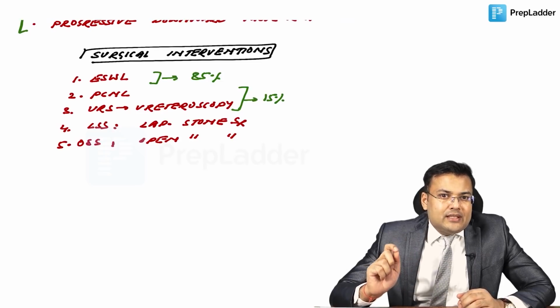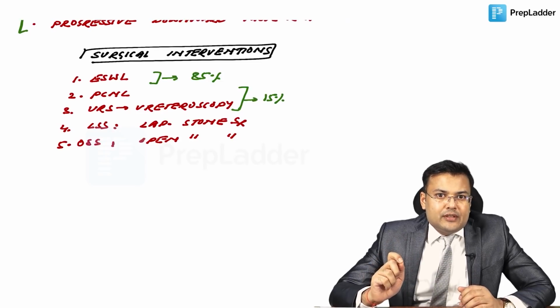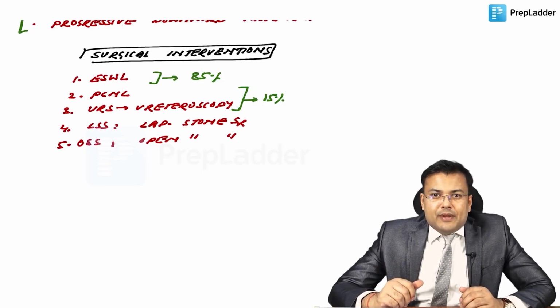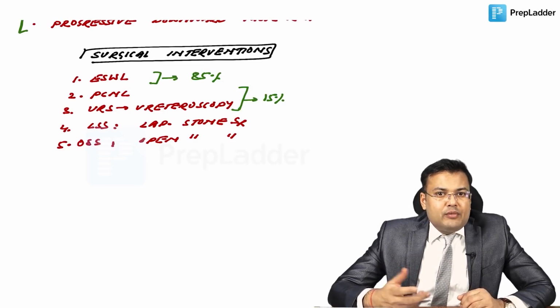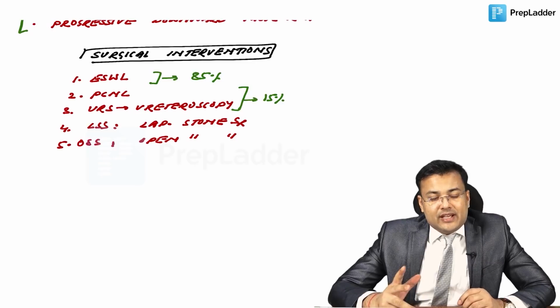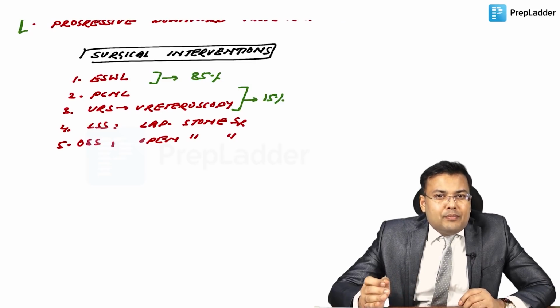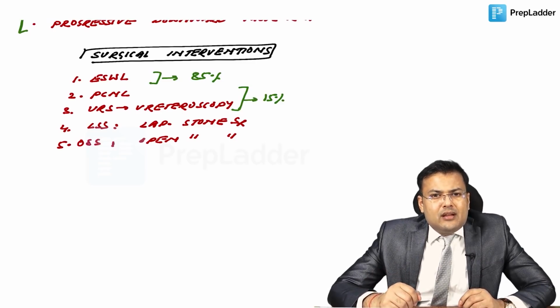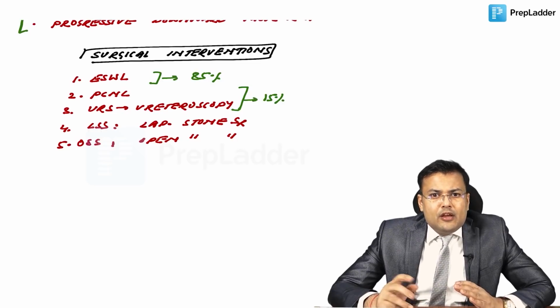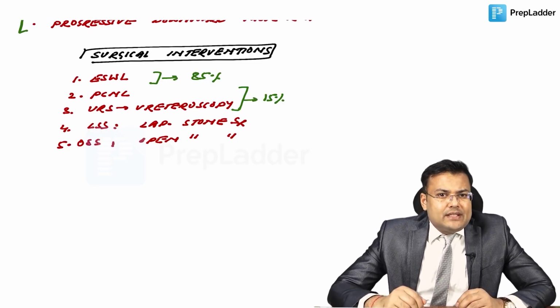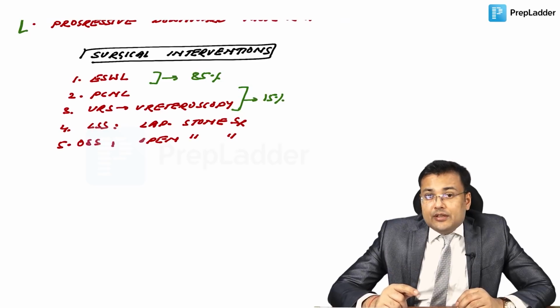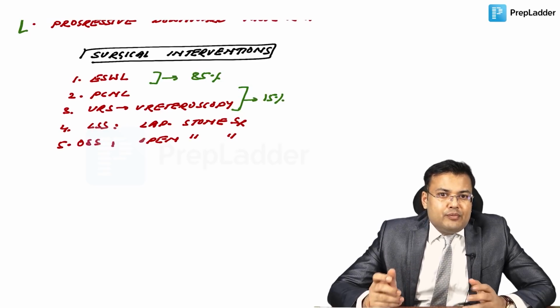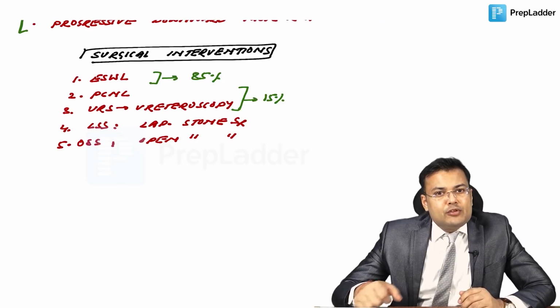On DTPA scan, if the function is less than 10%, in that case we have to perform nephrectomy, and for nephrectomy obviously we have to go for the open approach. Second, if a patient, means a child, having congenital abnormality with stone, means if a child is having PUJ obstruction with stone and we have to perform pyeloplasty, generally open approach is preferred.